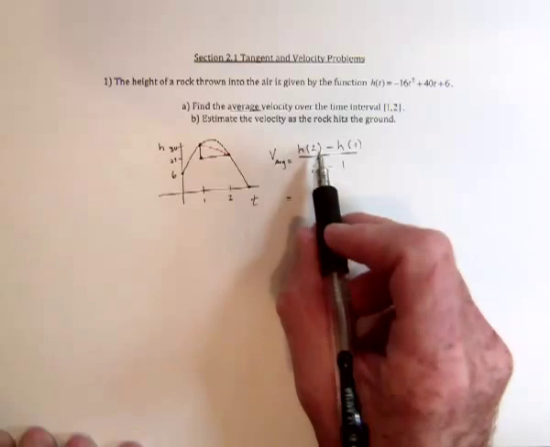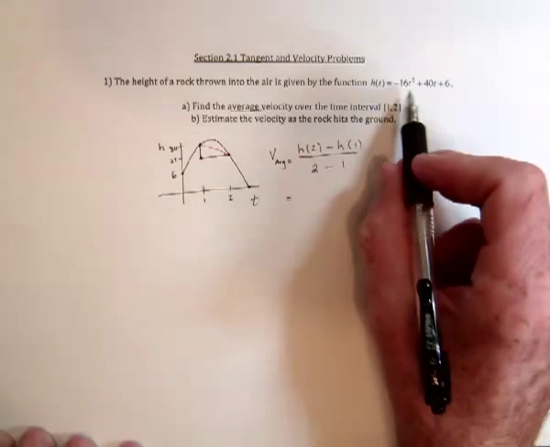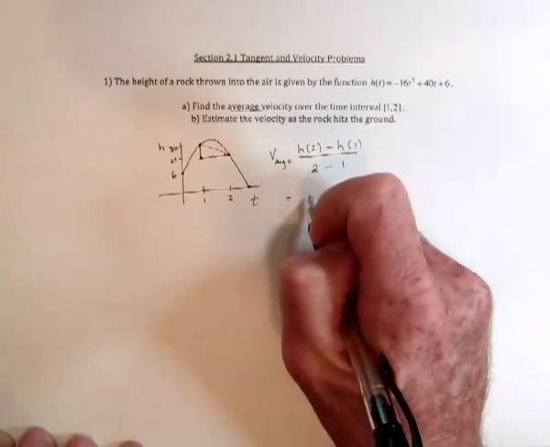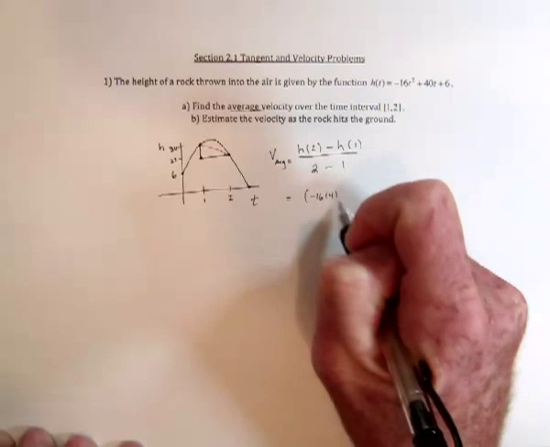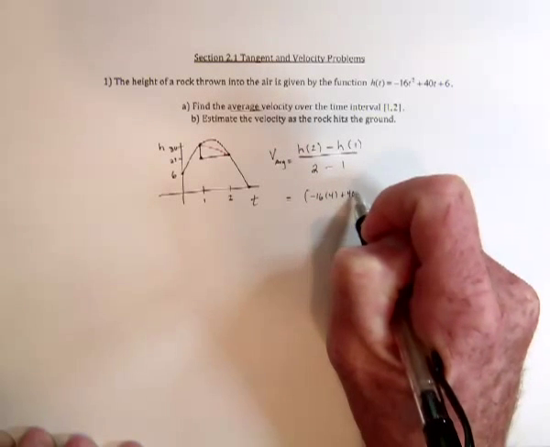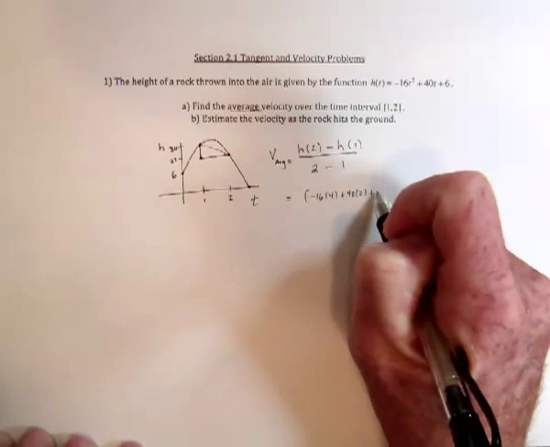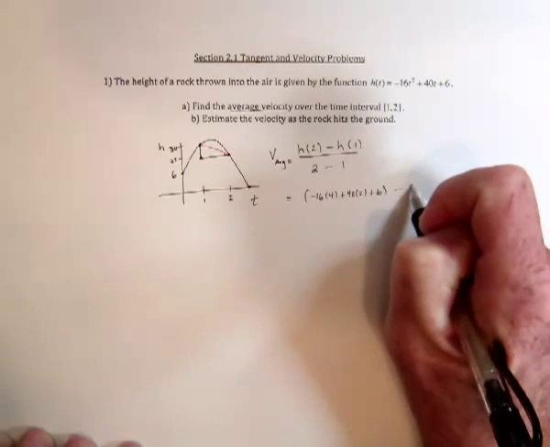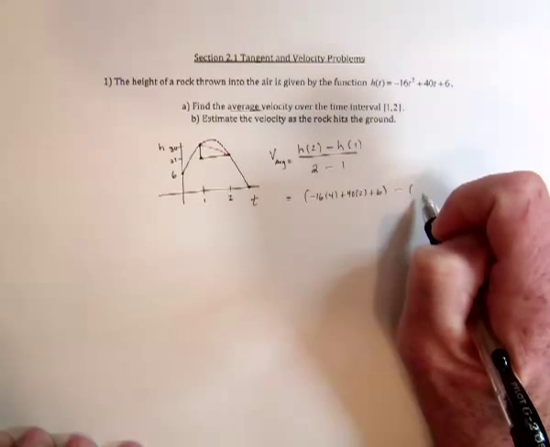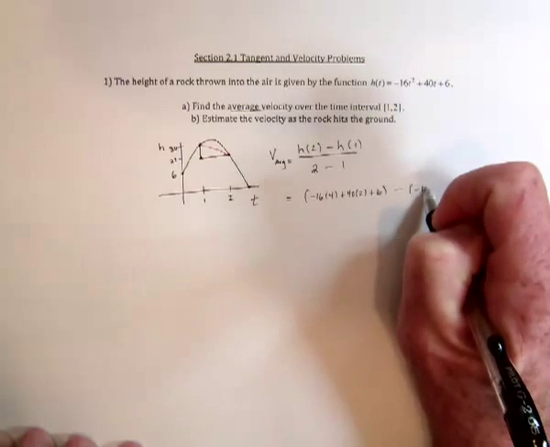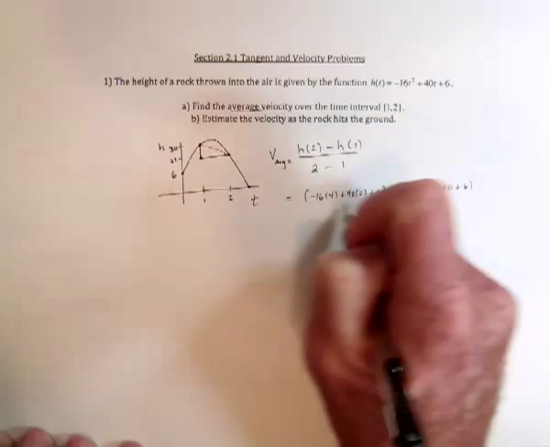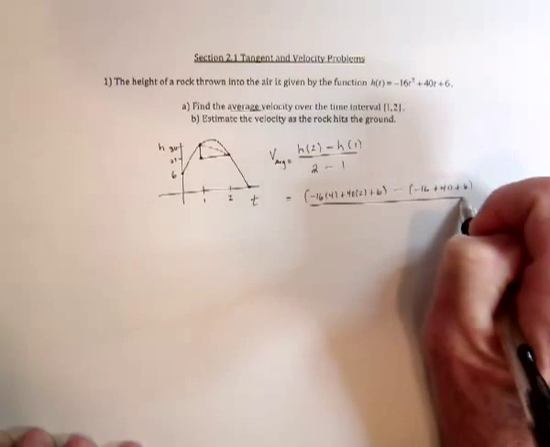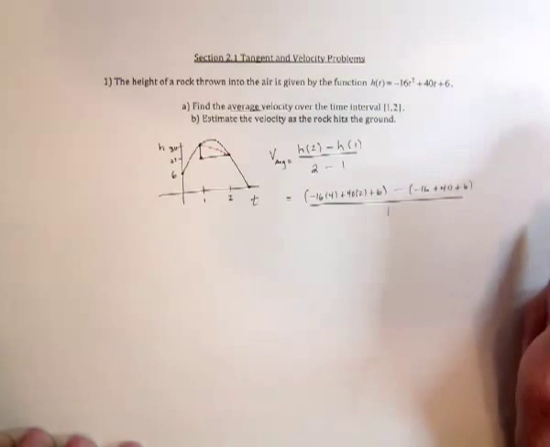And then to show my work, substitute a 2 into this function. So it's going to be negative 16 times 4 plus 40 times 2 plus 6. And then substitute a 1 into the function, so that would be negative 16, 40, and 6. And it gets divided by 1.